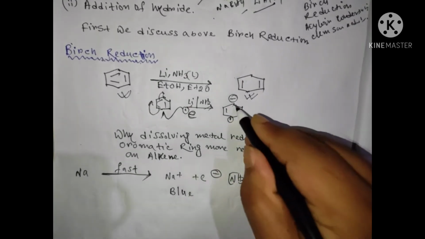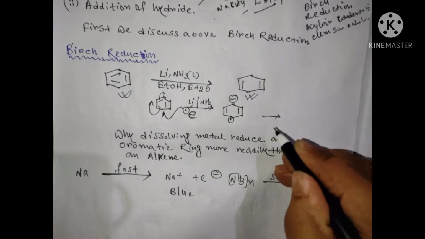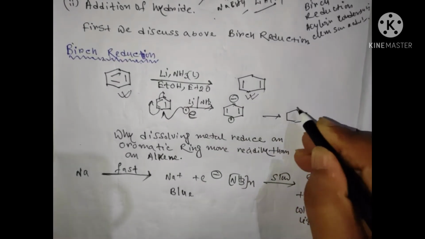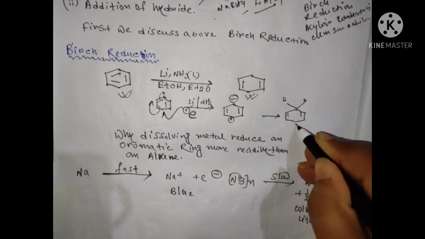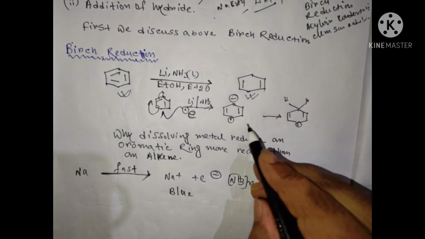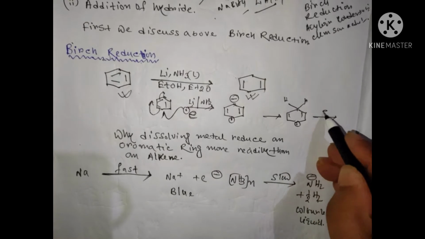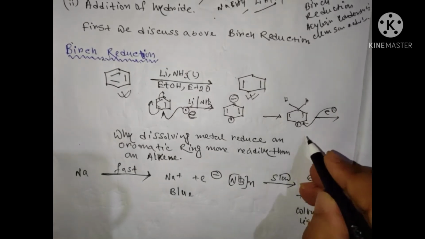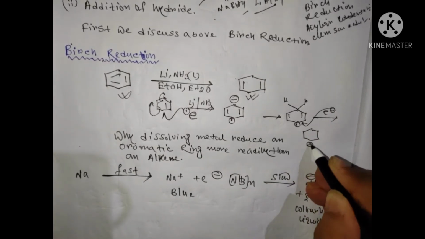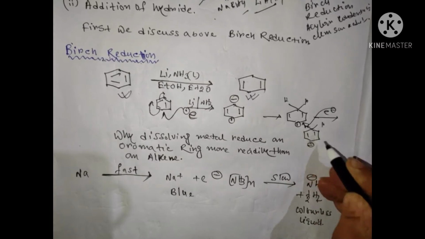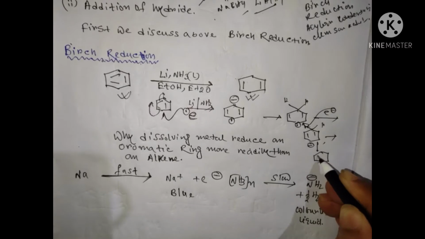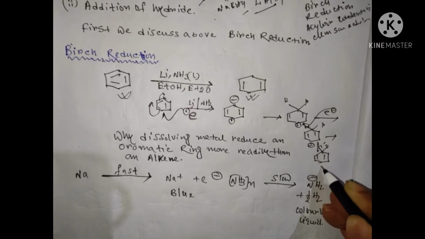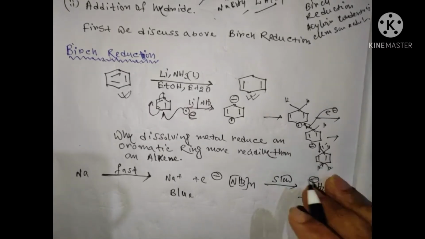Then this is protonated by ethanol, and further electron transfer to that center makes it negatively charged, and this is finally protonated, and we get this.